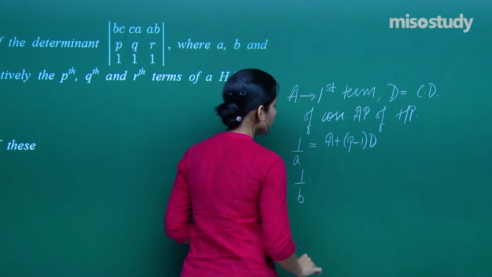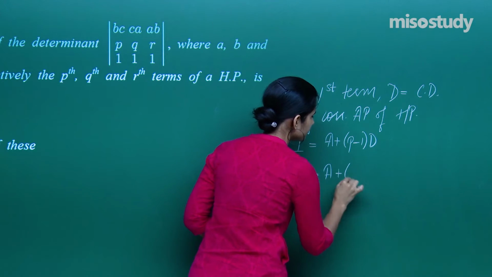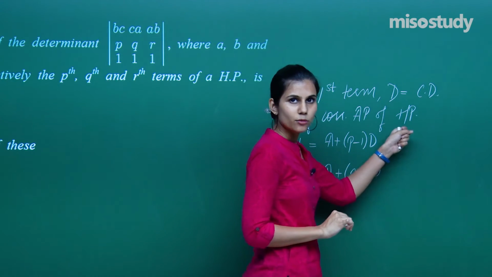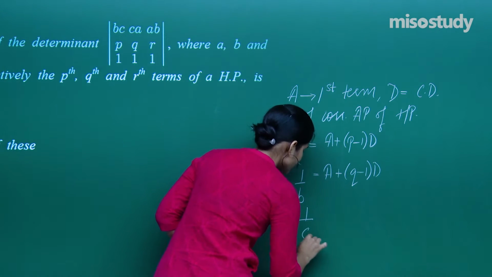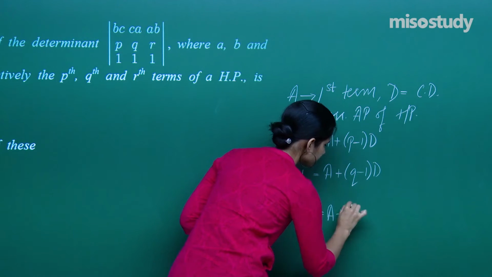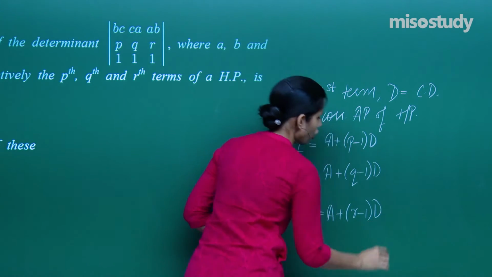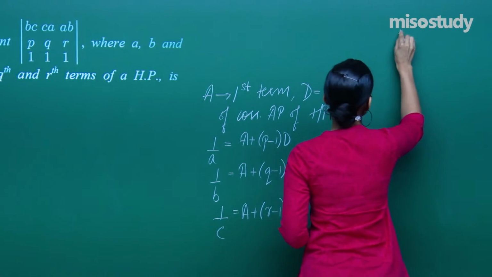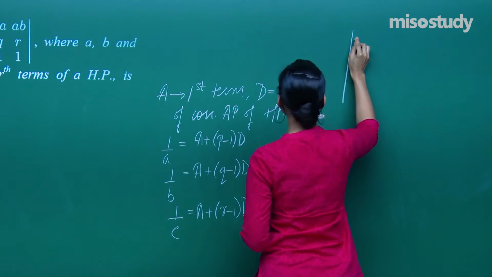Similarly, the reciprocal of b is the qth term of this AP because b is the qth term of this HP. And because c is the rth term of this HP, its reciprocal will be the rth term of the corresponding AP.